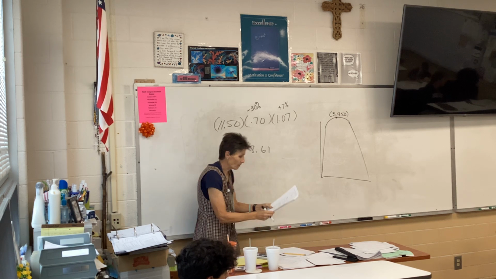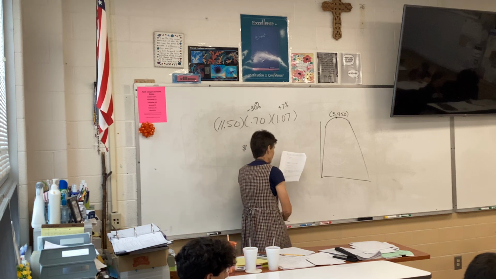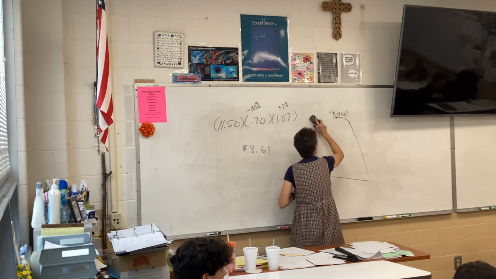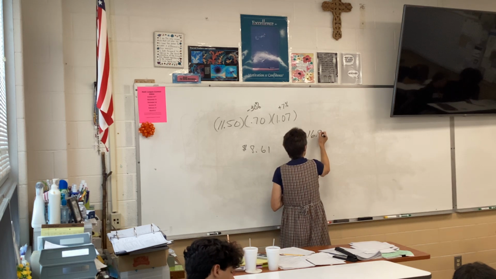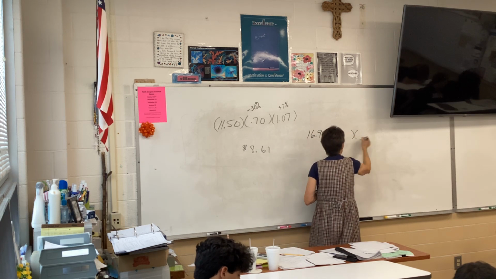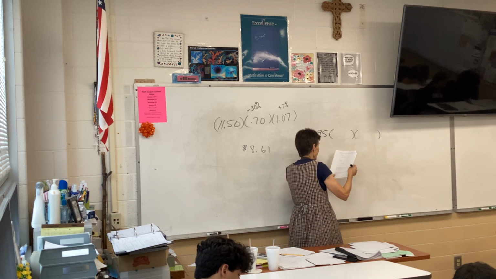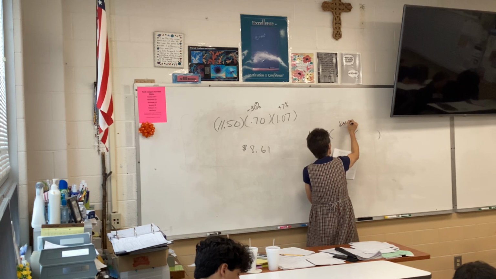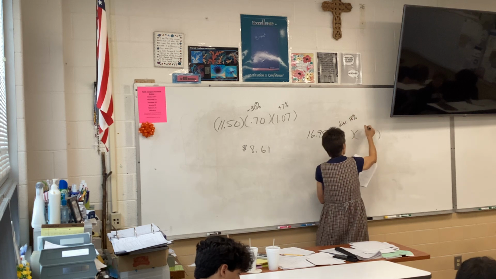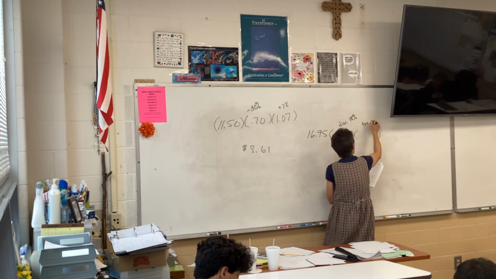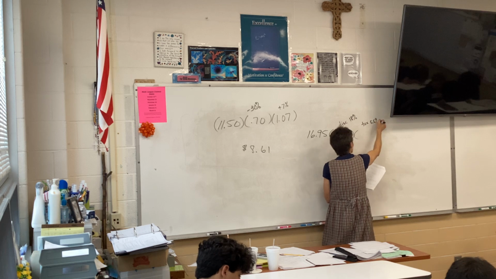All right, here we go. Now we're going to do the same thing. We're going to buy a shirt. It's $16.95. So start with $16.95. You've got a discount of 18%, and you have a tax of 5.5%.